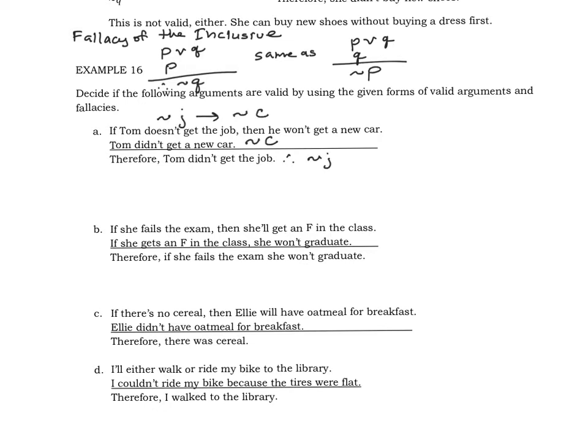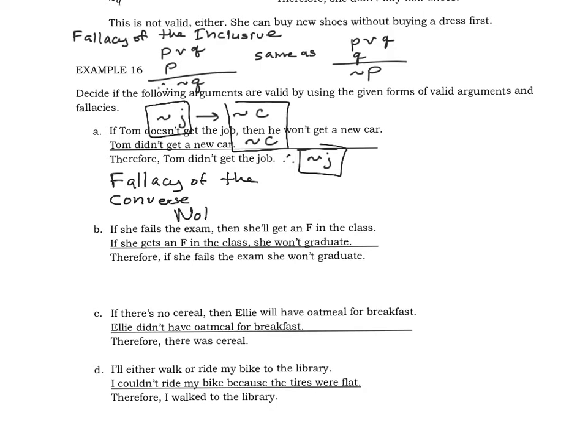I want to point out that these look exactly the same. So do these. We haven't changed one from being a not to the positive. So this to me looks like the fallacy of the converse. Therefore it would be not valid.